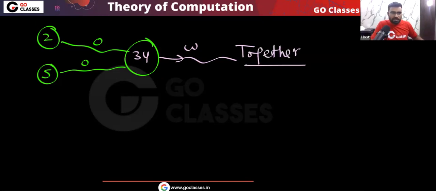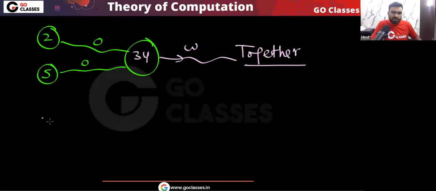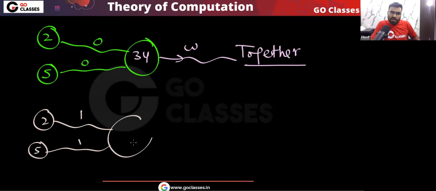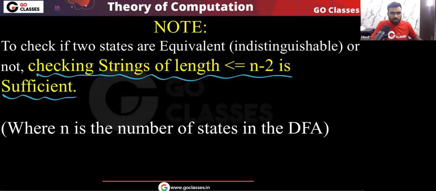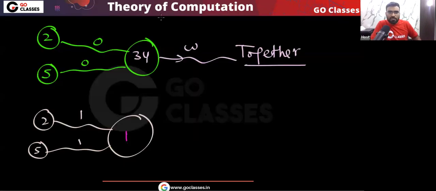So now whatever comes, they will always remain together. Similarly, if the string is starting with 1, are they meeting somewhere? Okay, let's look at this. 2 5. If the string is starting with 1, they are meeting in state 1. So from there whatever comes, they will always remain together.